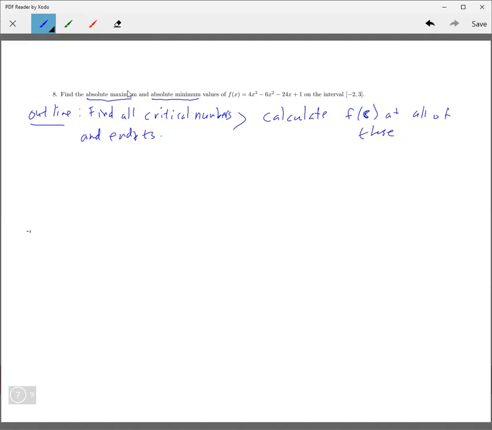Finally, the largest value is the absolute maximum, and the smallest is the absolute minimum. So find all critical numbers and endpoints, calculate the function at each of those. The largest is the absolute maximum, the smallest is the absolute minimum. Let's go ahead and do that.